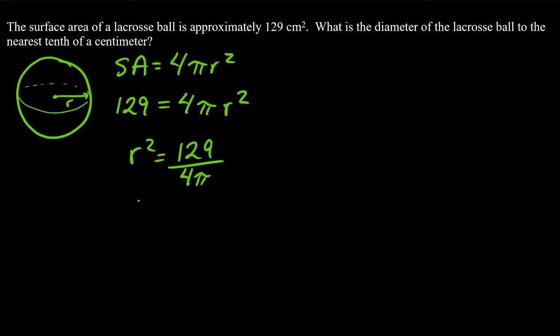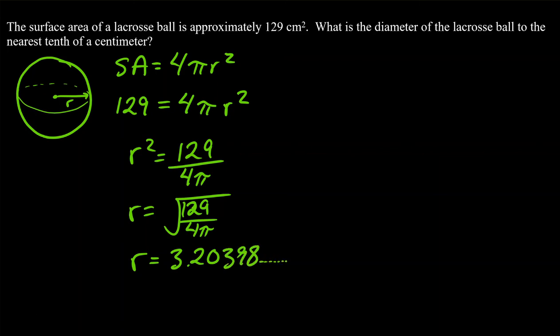And if I want to get r, I will square root this side and square root that side. So it's the square root of 129 over 4 pi. So I'll put that into my calculator, 129 divided by 4 pi, and the radius I end up getting is 3.20398 and so on, centimeters.